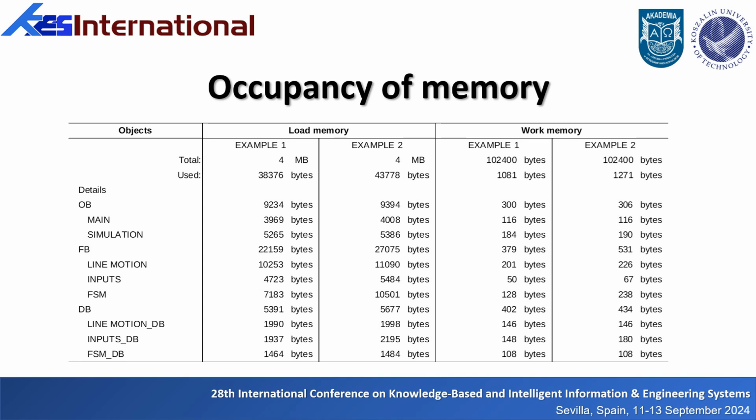The implementation of the simulation block requires: simulation 5,265 bytes, line motion 10,253 bytes, inputs 4,723 bytes, line motion DB 1,990 bytes, inputs DB 1464 bytes, which gives a total of 24,168 bytes, i.e. almost twice as much program memory, load memory.